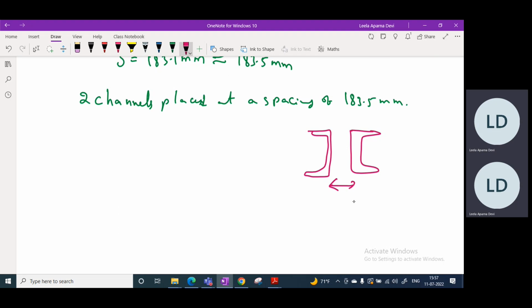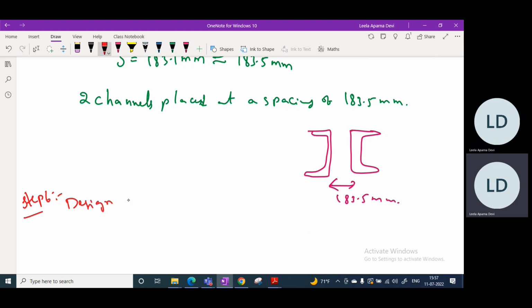This spacing is of 183.5 mm. Now, design for the lacing system. So next step, design for a lacing system.